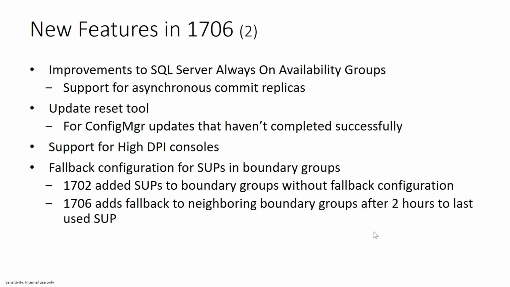Some of the other features that I see in here that have a huge impact on how we design a hierarchy is the fallback configuration for software update points in boundary groups. Again, many times you go out, you set up a new environment, and you talk about boundary groups and distribution points and neighbors and all of that good stuff, and then the customer is asking, so how do I control my software update points?